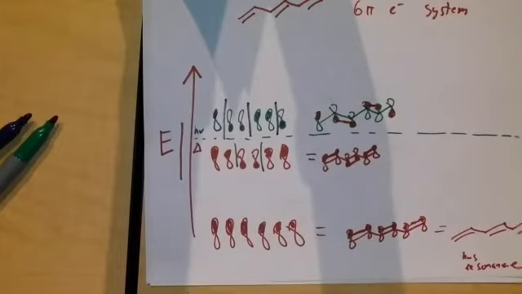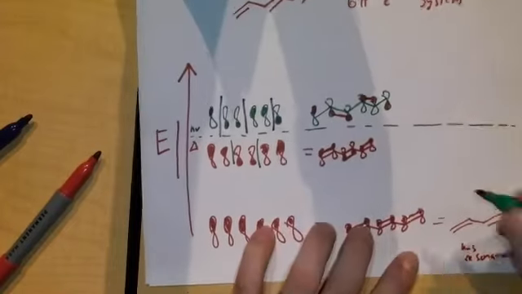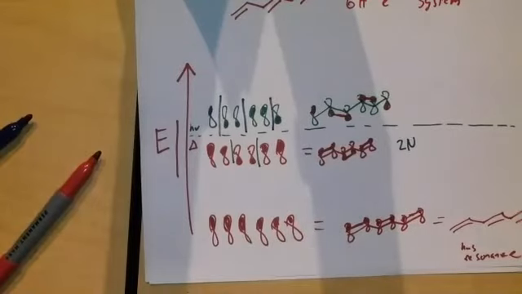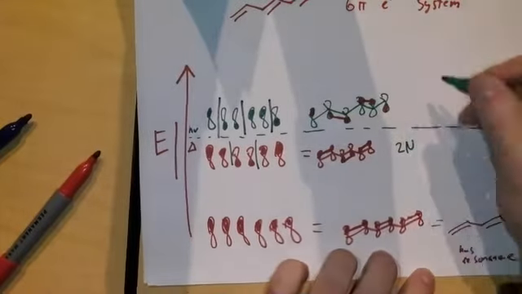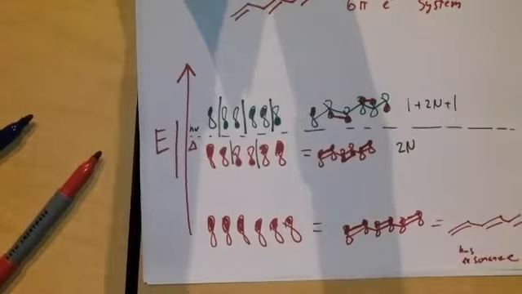So for drawing these, the bottom ones are going to have a general pattern. I call it 2n. Really, it's just pairs of two. N doesn't really mean anything. You're just going to do pairs of twos until you run out of space. For this one up here, it's going to be 1 plus 2n plus 1.